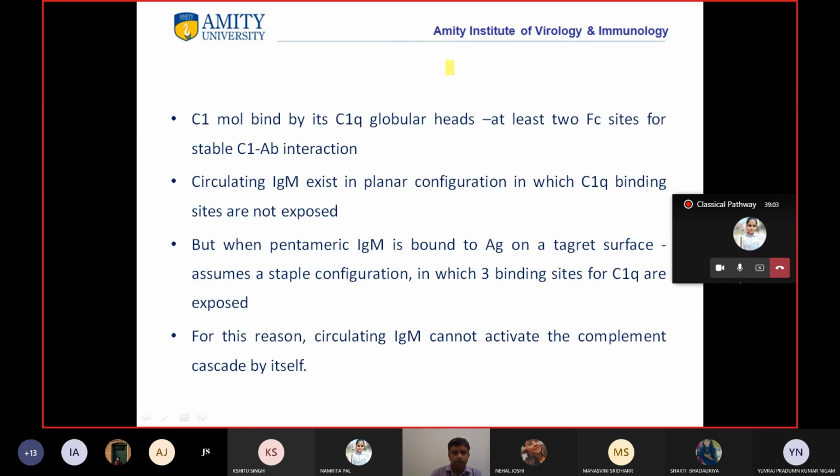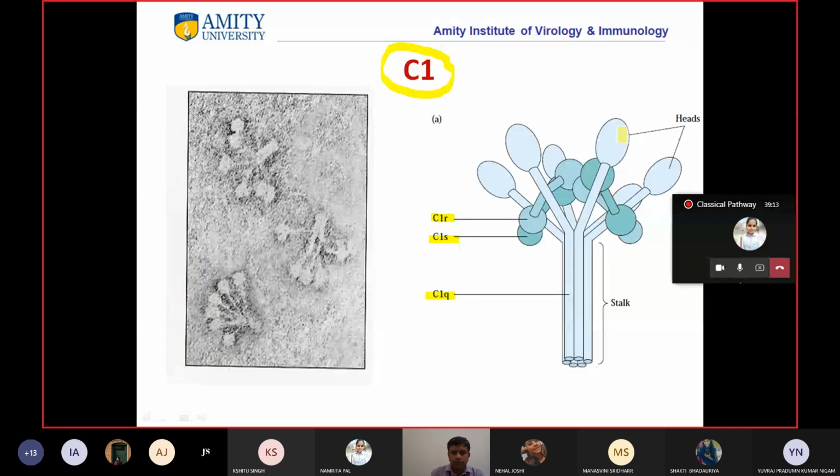So the C1 molecule binds by its C1Q globular heads. You can see this is the globular head of C1Q. So we are talking about these heads, and where will they interact?